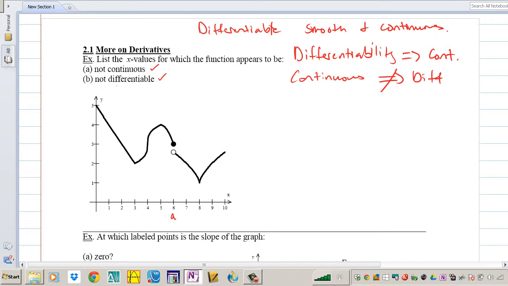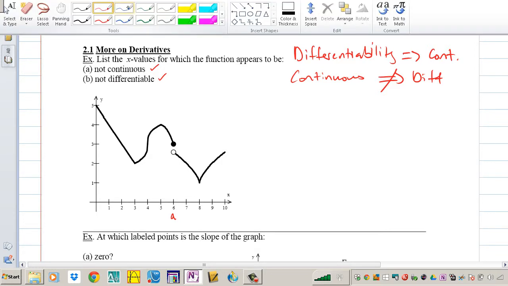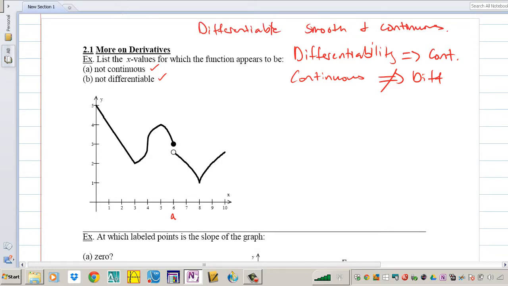Now let's take a look at differentiability. I'm going to do this in blue. I'm going to mark a B for every x value where the function is not differentiable. It appears to be at x equals 3, where the function is not differentiable because of the sharp point. Also x equals 4 because of the vertical tangent.